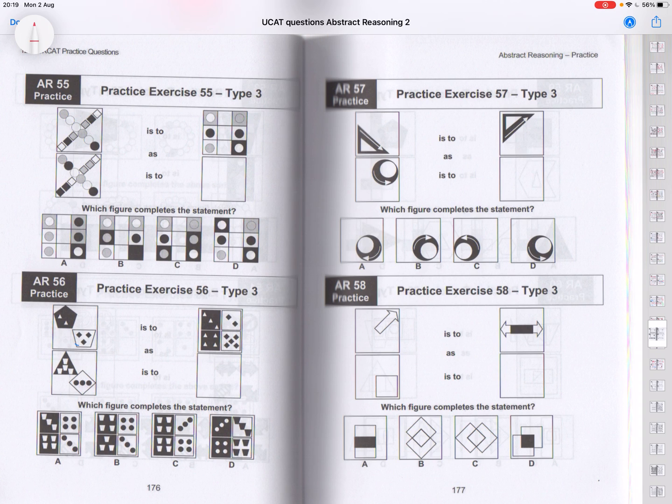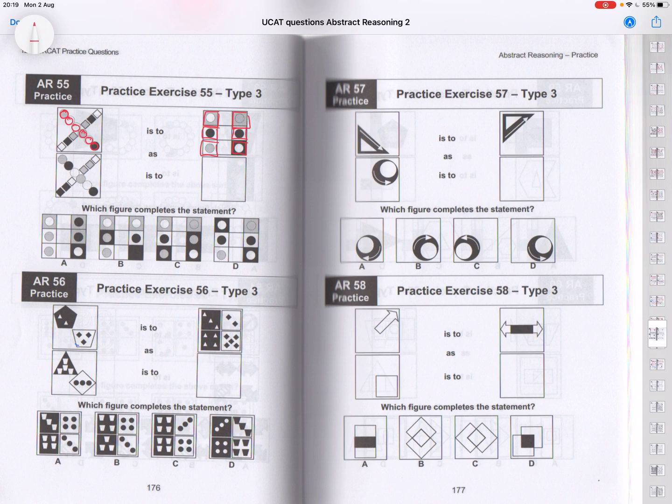And stop. Okay, so what you should see here is that circles mean squares and squares mean circles. So if we look at this diagonal, we've got grey, white, white, grey, white, black. Now that translates to the colours of the squares on the other side. So we've got grey, white, white, grey, white, black.